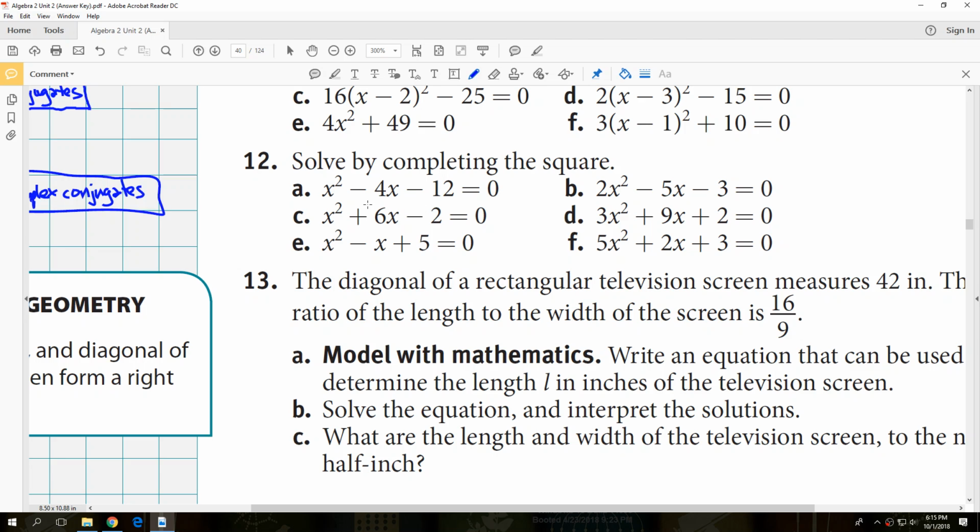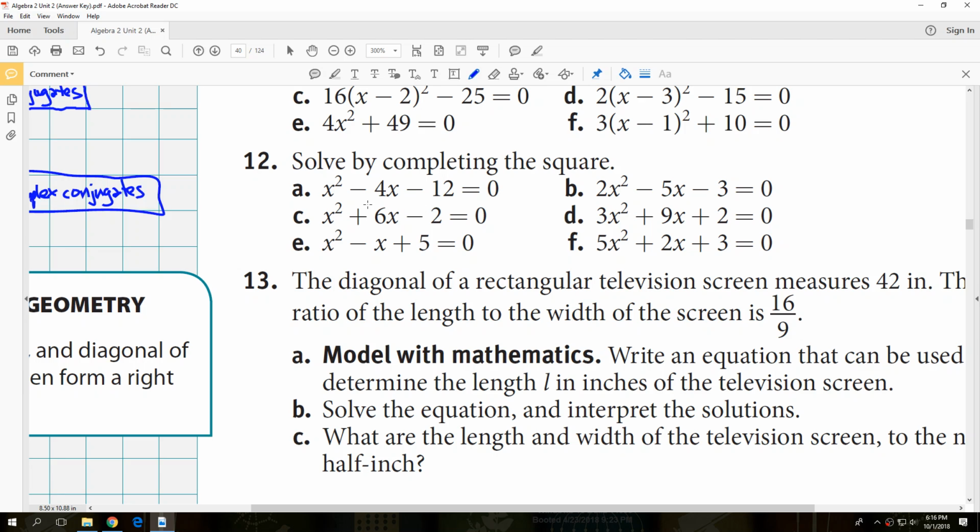So number 12, looks like I'm going to pick an easy one and then a hard one. Do I go super easy or a little bit harder? A is super easy.